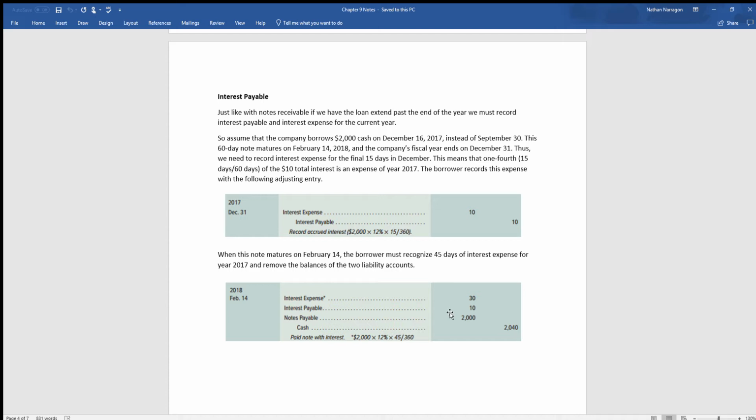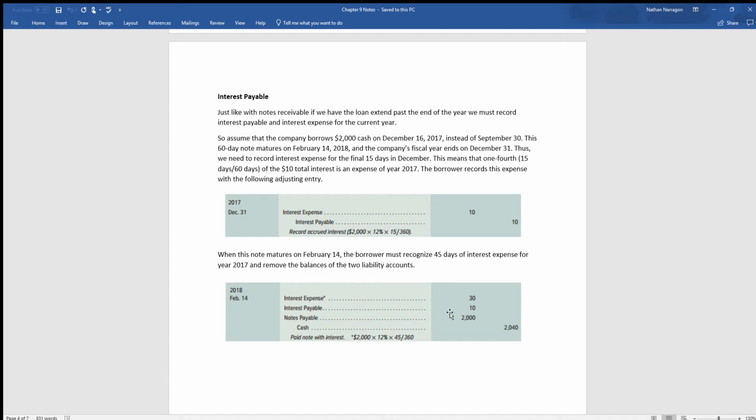Same thing with notes payable. Again, notes payable, just like notes receivable, is only for principal. So with that, if we add these all up, we'll get to cash of 2,040.